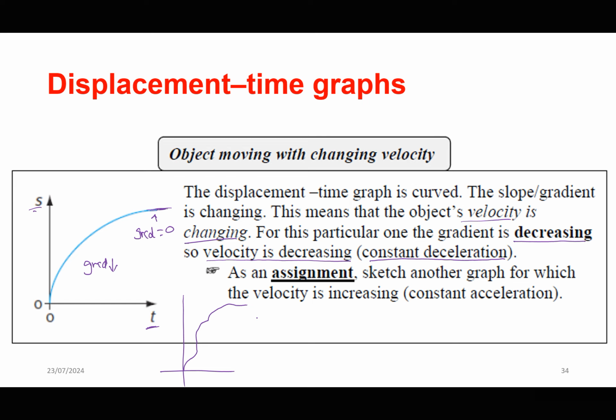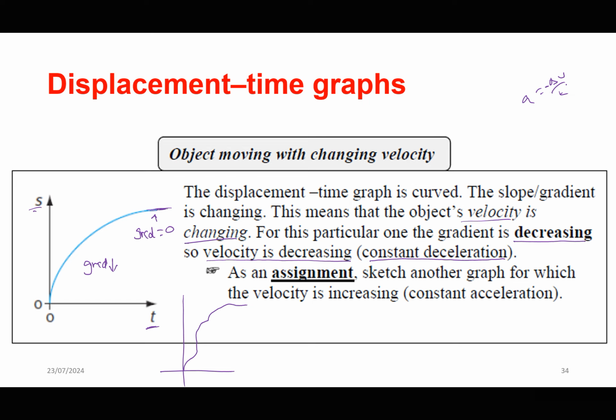Therefore, it would be a constant deceleration, because remember we said acceleration is change in velocity over time. So if there are equal changes in velocity between several time intervals until we reach zero gradient, it means that we have constant deceleration, because it's going to be negative since the velocity is decreasing.